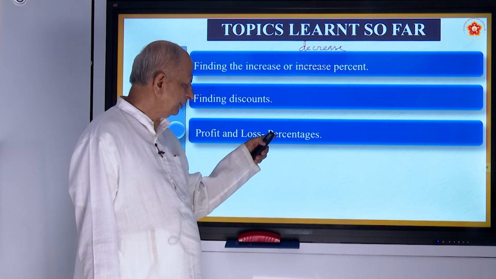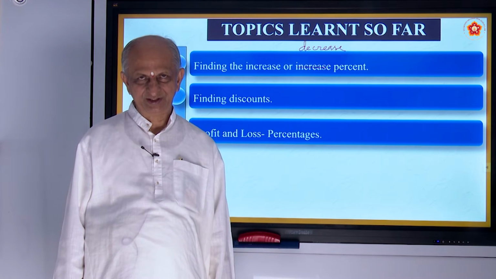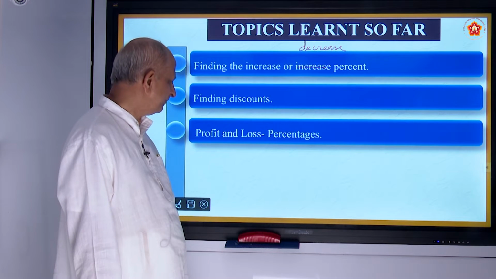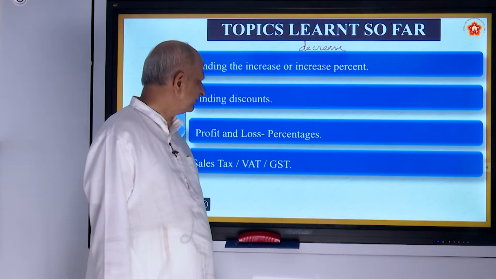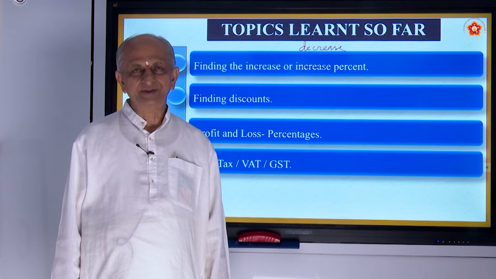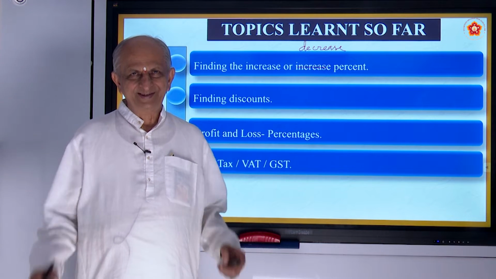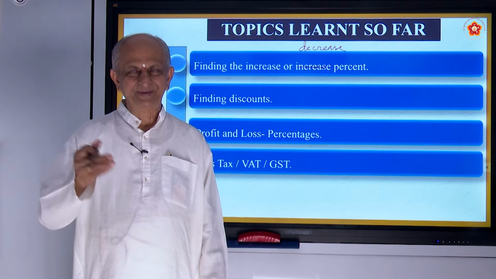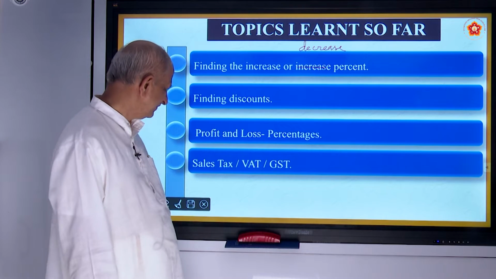If it is calculated for 100, we call it percentage. So percentage of profit, percentage of loss. Also we have seen about discounts, especially in festival time, Deepavali, Dasara and all, there will be discounts, say 15% discount, 20% discount, like that, correct?